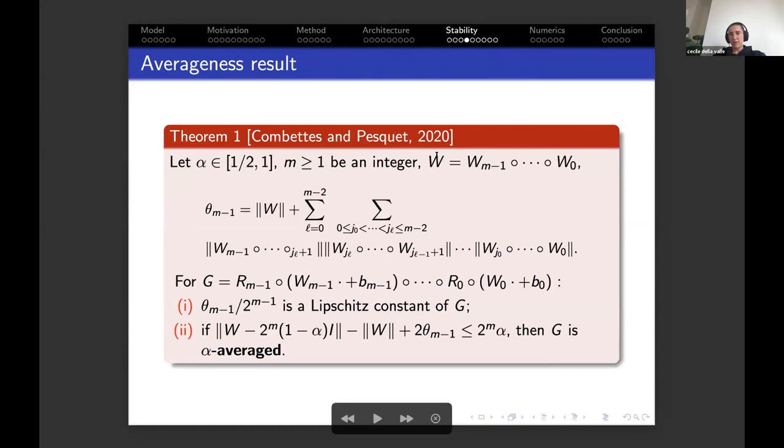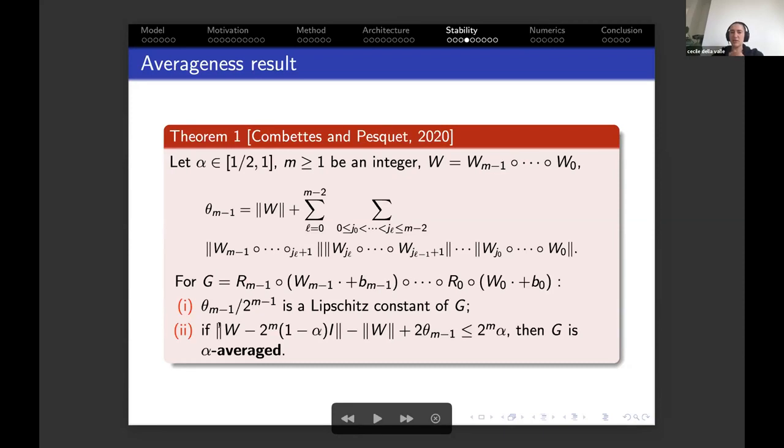If we define W as the composition of all the linear parts, and we define theta m minus 1 as the sum of the norms of compositions of W, then I can say that for the neural network G, I can exhibit a Lipschitz constant.